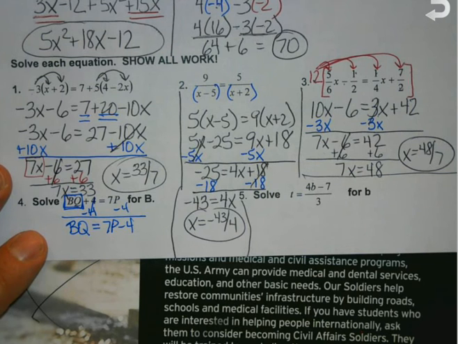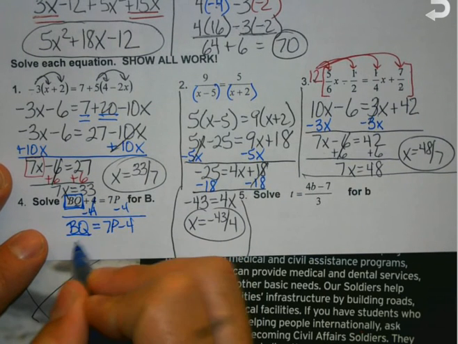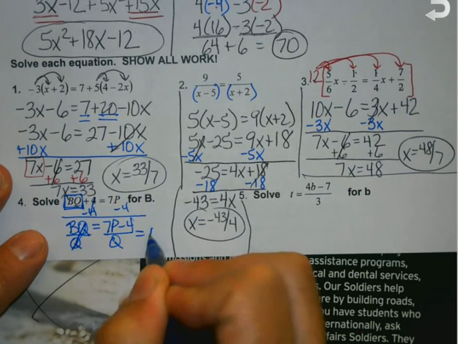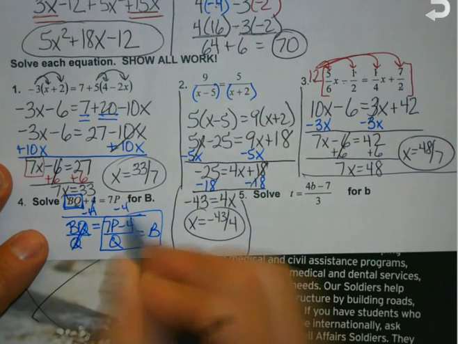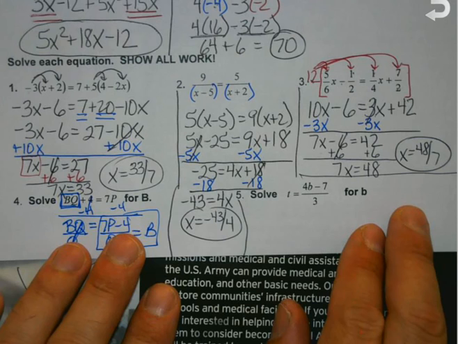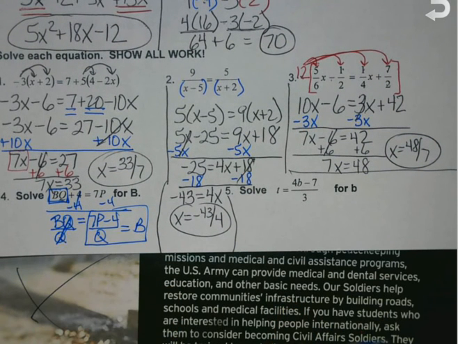The 7 has a p, the 4 doesn't. And then if I'm solving for b, divide by q. Perfection, and I'm set. You can't just do b equals 7p divided by q plus 4.